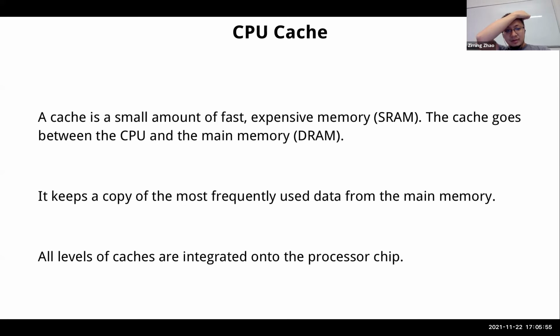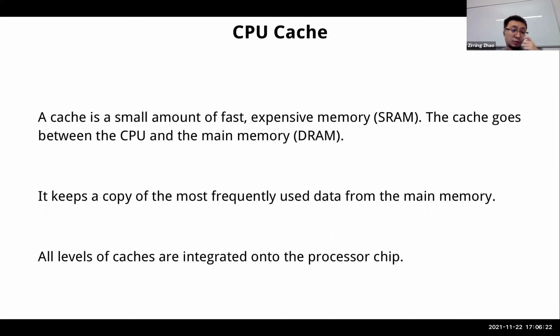So cache sits between the CPU and the main memory. It keeps a copy of the most frequently used data from the main memory in the cache. So when the CPU looks for some data, it doesn't have to talk to the main memory DRAM. It can directly get that from the cache, so much faster.